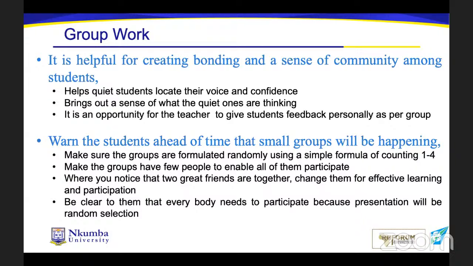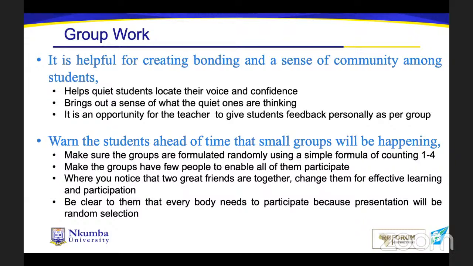Never forget to avail feedback where possible within the group, because the students will feel the sense of support from the lecturer. And they like this so much.